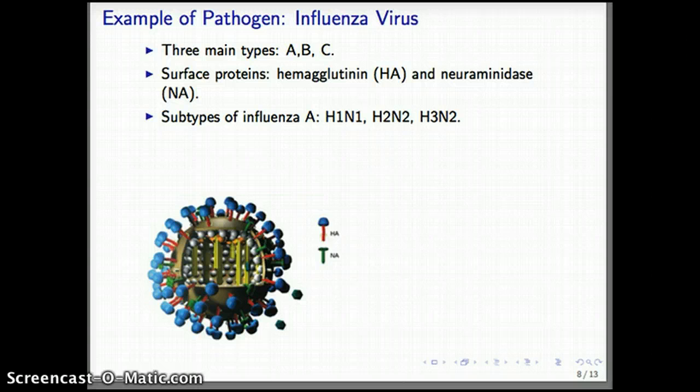Here's an illustration of what the influenza virus looks like, with some very colorful representations of these two proteins, hemagglutinin and neuraminidase. There is a sectional cut so you can have a view inside one virion of influenza.